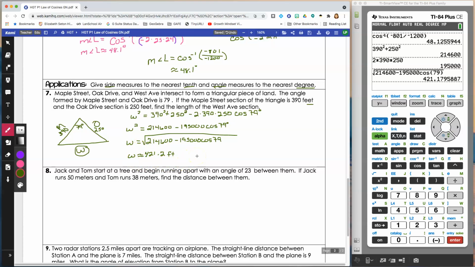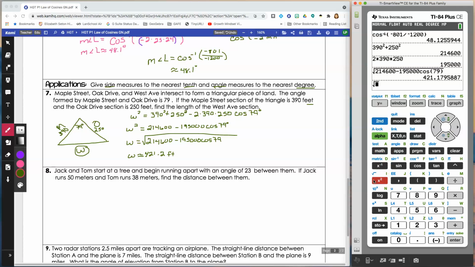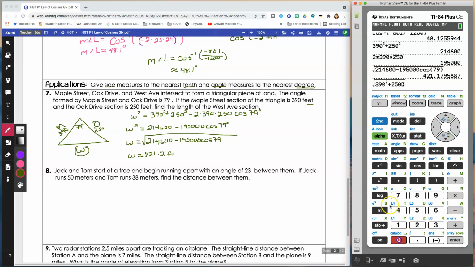Now those are really big numbers. So if you didn't want to write down these really big numbers, you could have done the whole thing from the beginning. So second x squared to get my square root, 390 squared plus 250 squared minus 2 times 390 times 250 times the cosine of 79 degrees.